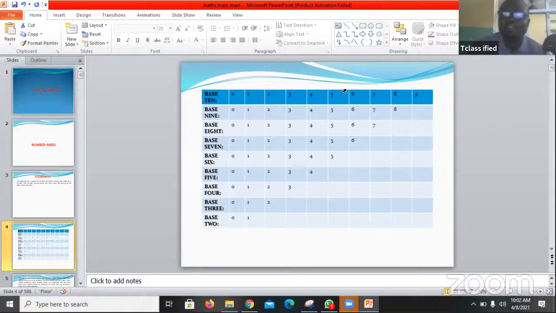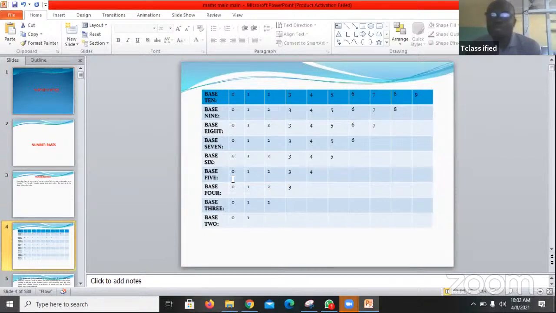And this is the normal counting that we have, the denary, the base 10. That's the number base system. But if you come down here, you see the base 2, 0 and 1 only. That is for computer. That's the computer's basic understanding of numbers.